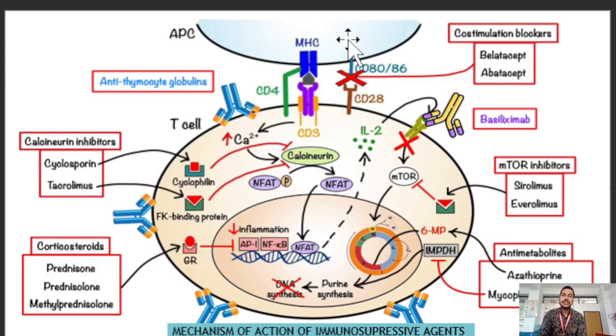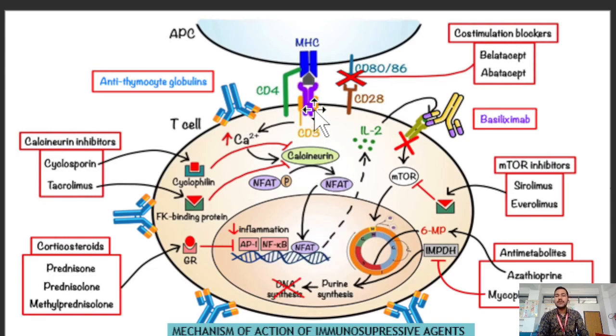As I have said, the main objective of the antigen presenting cell is to carry the information from the specific pathogens to the T cell. And when the APC comes and binds with the T cell, the binding takes place in two spots.